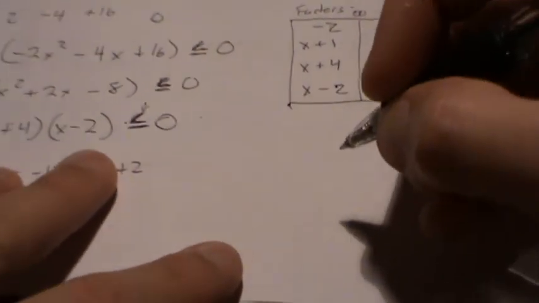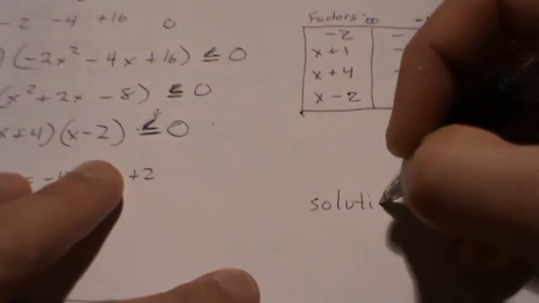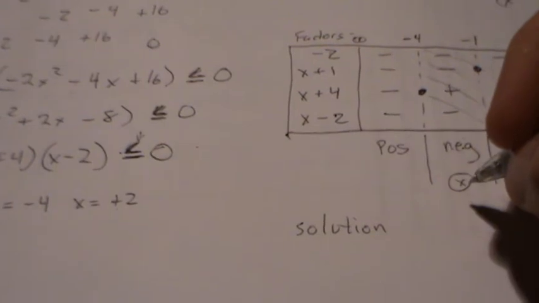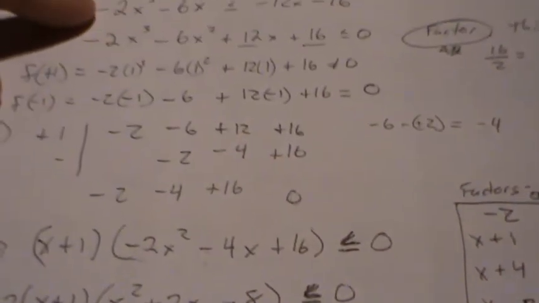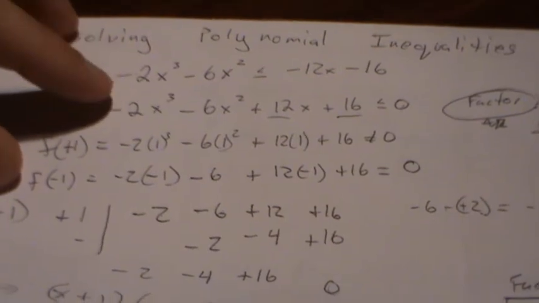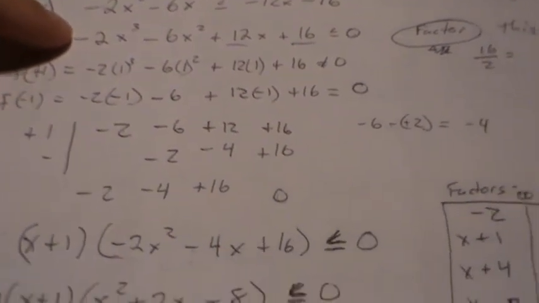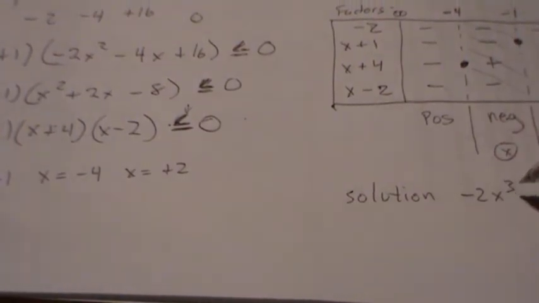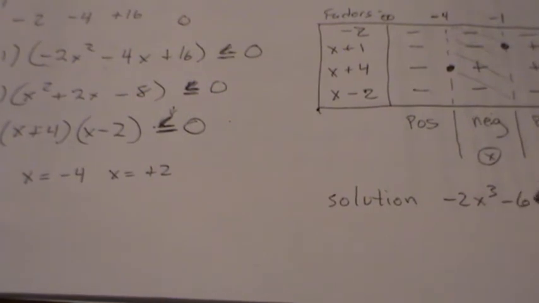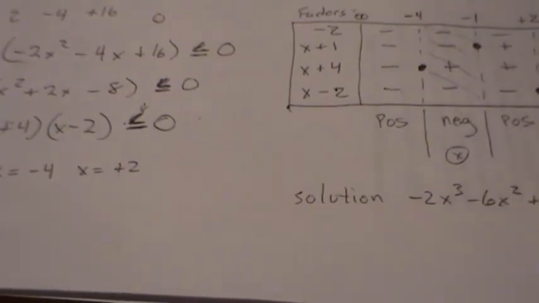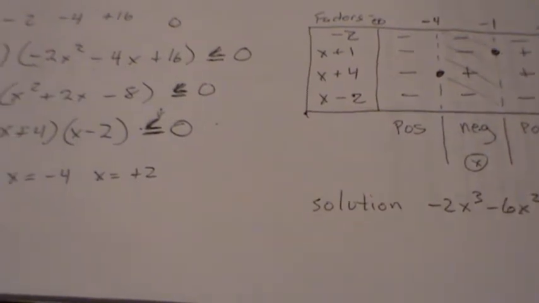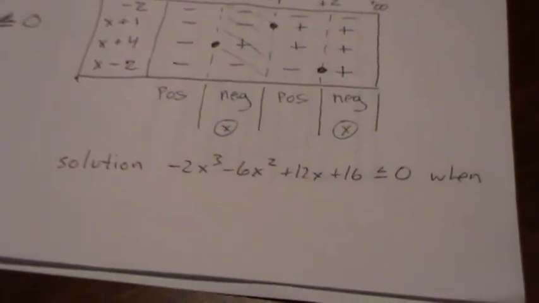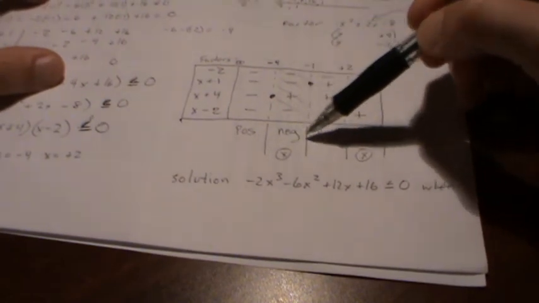So I will write my solution like this. I'll recopy the polynomial up here: negative 2x to the third minus 6x squared plus 12x plus 16 is less than or equal to 0 when, oops, let me zoom back out here. So I'm now creating my solution here.